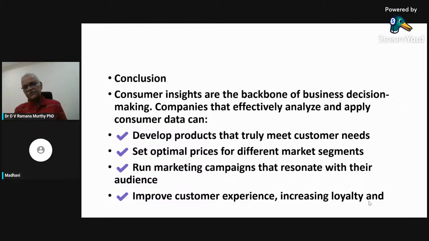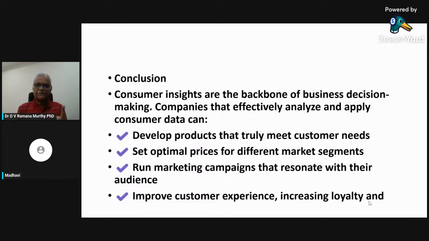So, in conclusion, what we can say is, with reference to market research and consumer behavior, all the importance given here is to effectively analyze and apply customer data. This is available only through market research. So, what is the help here?